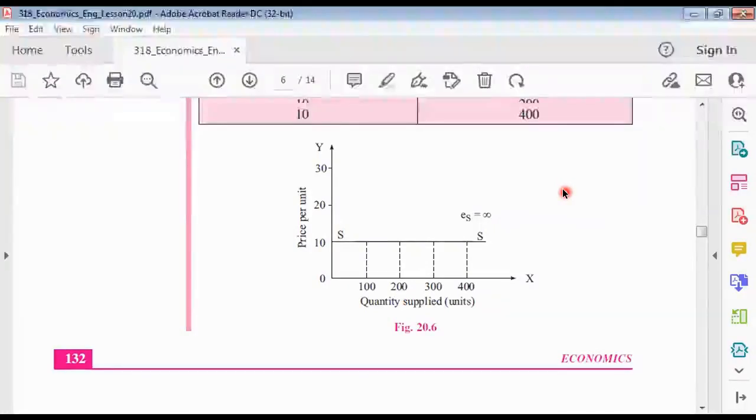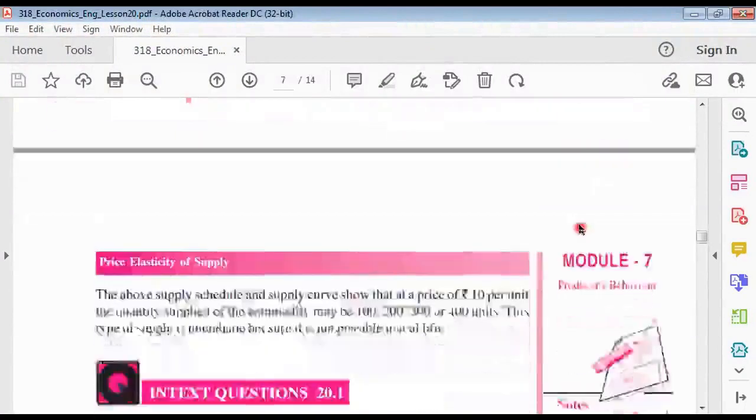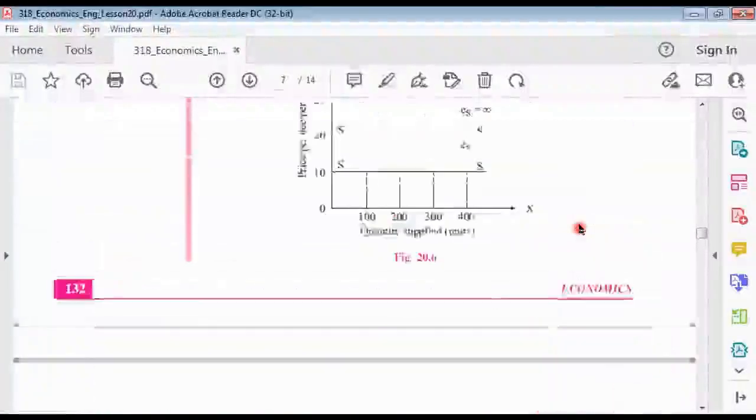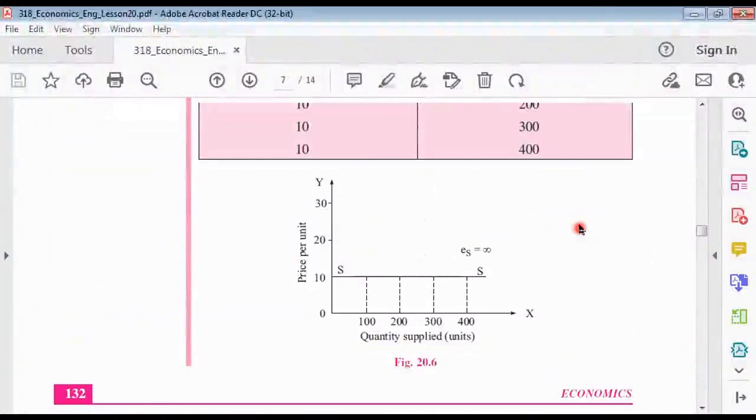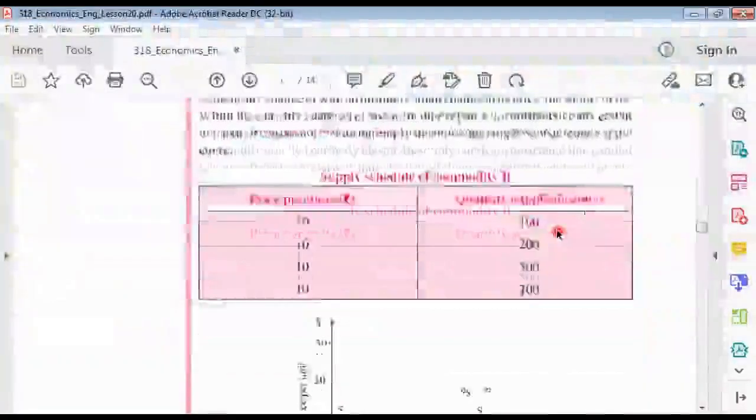And you'll be getting a value which is equal to infinity. So these are the 5 different cases. I thought you'd find it absolutely easy because you already know what price elasticity of demand is. So these are the 5 different cases, correct?